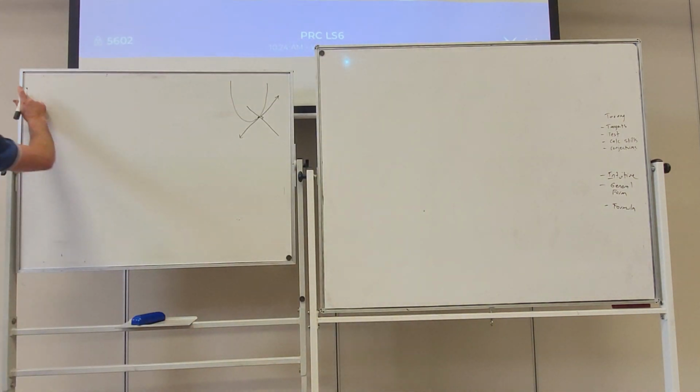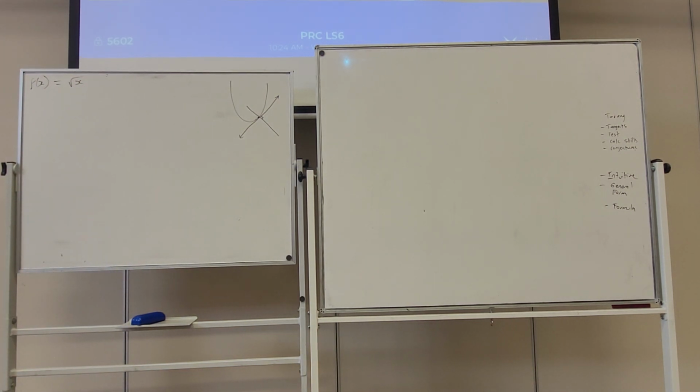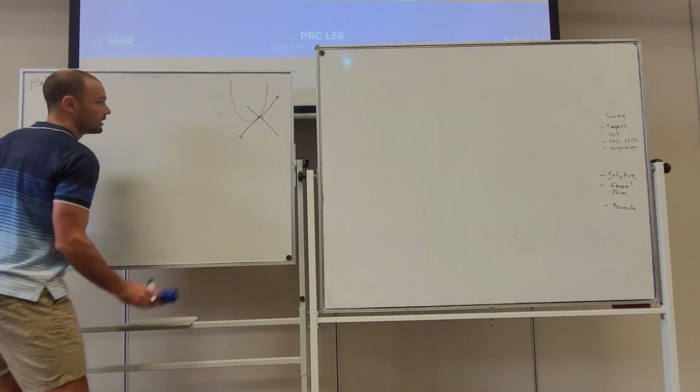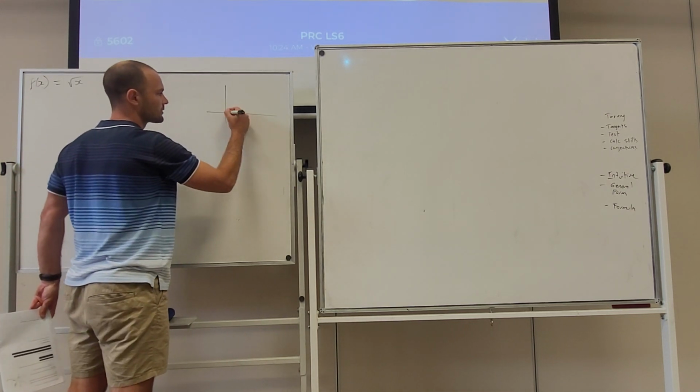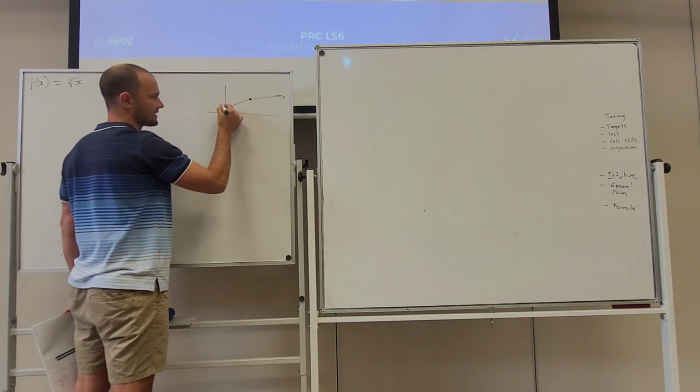Let's get straight into the first question. We have the function of the square root of x, and we are asked to find the tangent in y-intercept form at x equals 4. This is what the square root of x function looks like, and we're finding the tangent here at x equals 4.